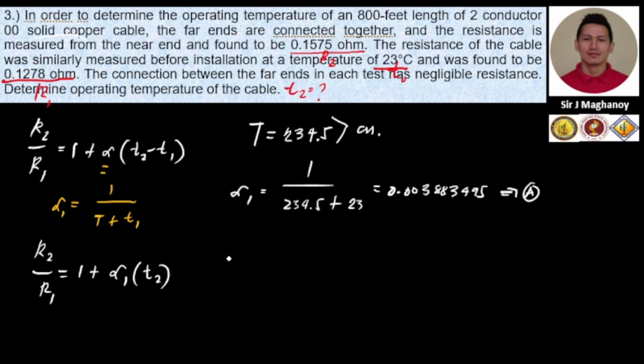Okay, so what is the value of our R2? That is 0.1575 ohms over your R1, that is 0.1278 ohms, equal to 1 plus your temperature coefficient, which is alpha A, times your operating temperature.